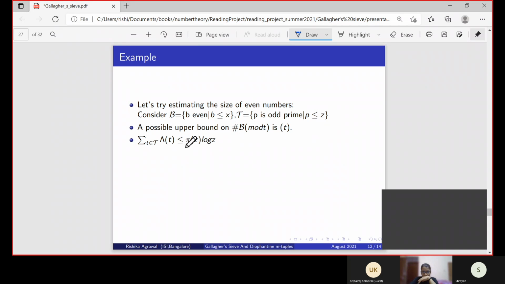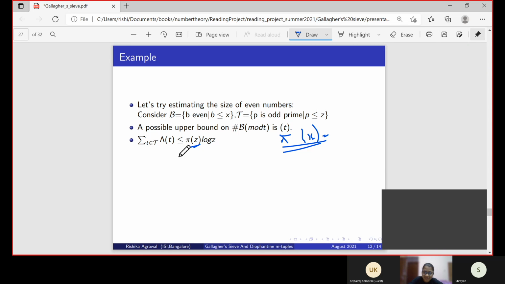Now okay, so what is pi z here? Pi of x is the prime counting function, that is the number of primes less than x. So summation over t belonging to T of lambda of t is less than or equal to pi z times log z.